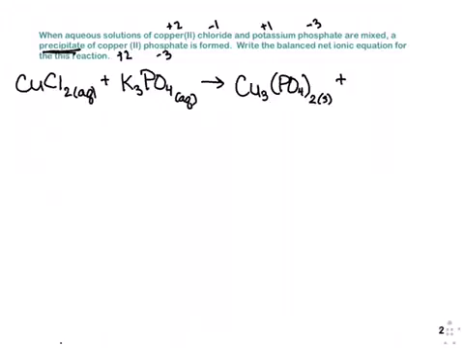Chlorine hasn't been used yet, and what's the other? Potassium. So that means we have some KCl. Is KCl balanced, charge-wise? Yes. Potassium's +1, chlorine's -1. And that will be aqueous. All right, so this is your molecular formula.